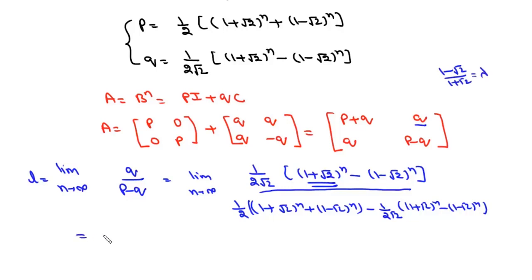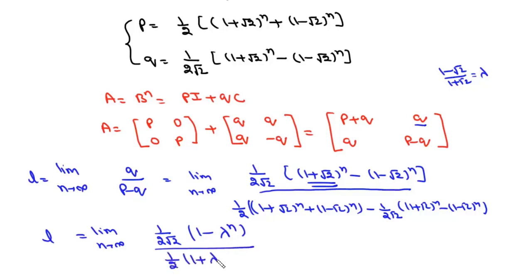So we can write this L as limit n tends to infinity of 1 upon 2 root 2, (1 minus lambda to the power n), upon 1 by 2, (1 plus lambda to the power n), minus 1 upon 2 root 2, (1 minus lambda to the power n).